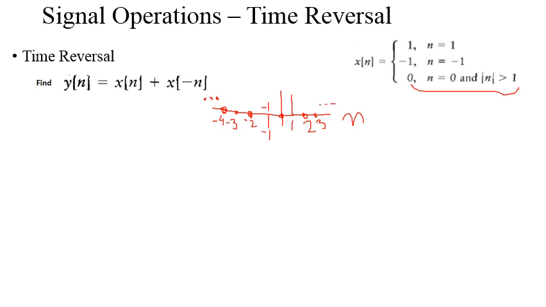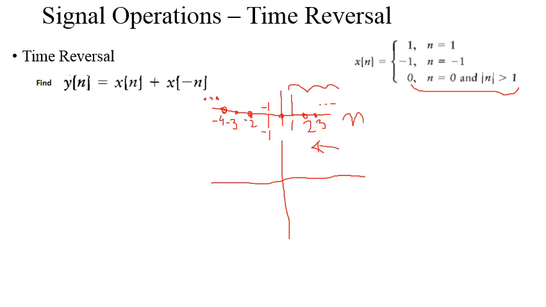Now to obtain the time reversal of this signal, if you put a mirror here, right? From this side, if we put a mirror and look at this side, a replica of this side will be produced here, right?